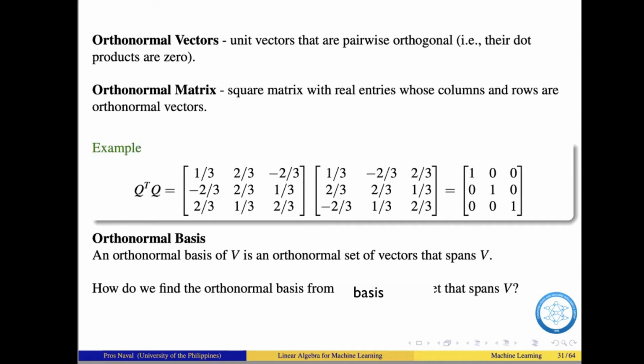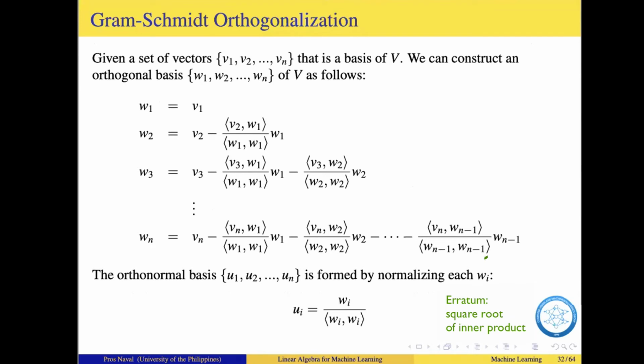Many of you already know the answer, but anyway, this is a review of the basic concepts in linear algebra, so bear with me. The procedure is called Gram-Schmidt orthogonalization.